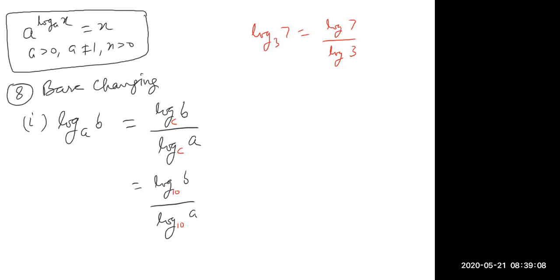And the second property is log a b is equal to 1 upon log b a, with a and b interchanged. For example, this will be the same as 1 upon log 7 3. 3 and 7 are interchanged, you can see.